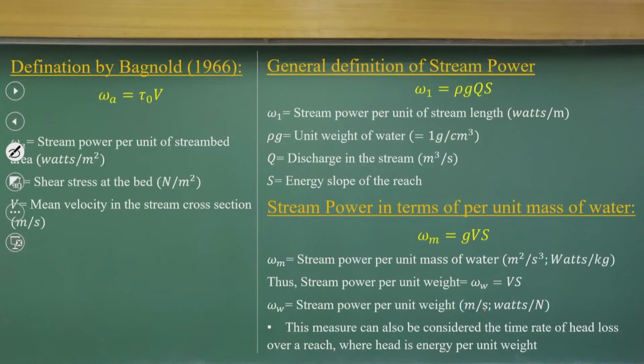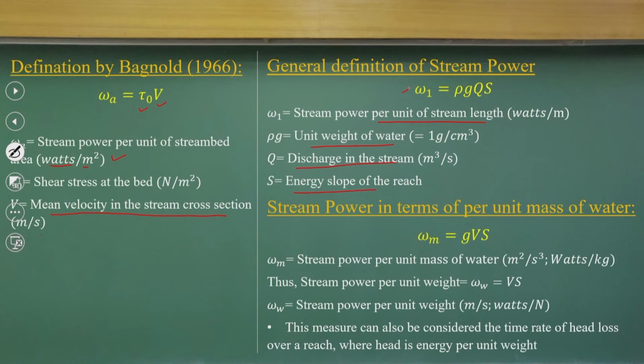Now, if you look at how we define stream power, it is the energy per unit area, defined as the product of bed shear stress at the bed and the mean velocity across the stream. With unit weight of water, discharge in the stream, and S standing for energy slope.